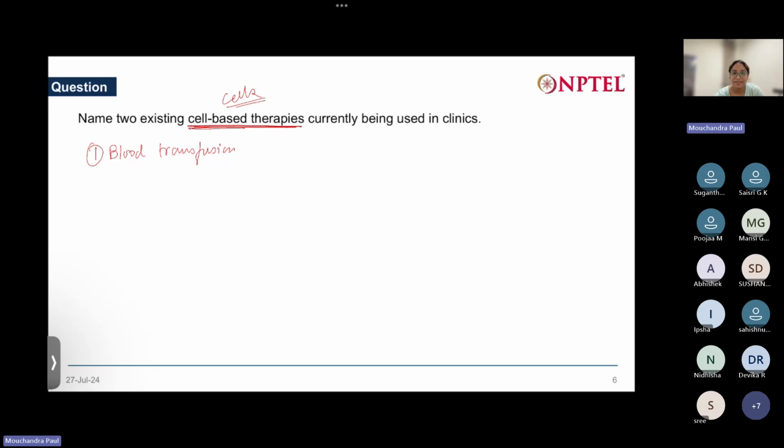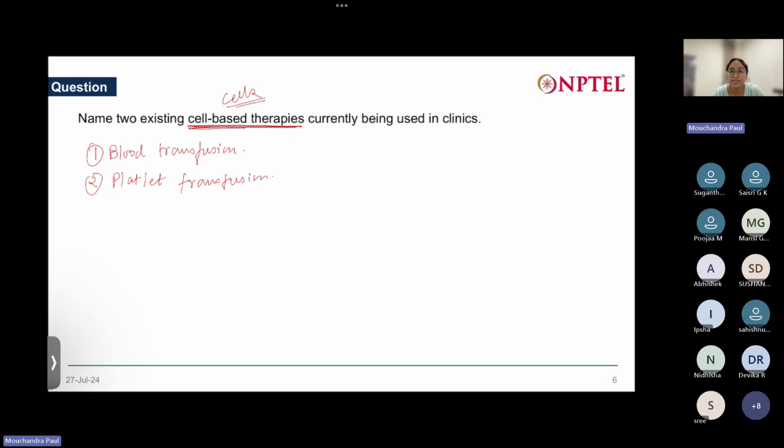Similarly, people also give platelet transfusion. Have you heard of platelet transfusion? Different types of blood cells. Yes. When there is a need for blood in surgeries, like when people lose a lot of blood due to an accident, the volume of blood decreases.